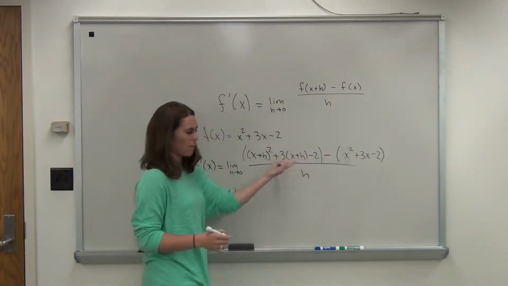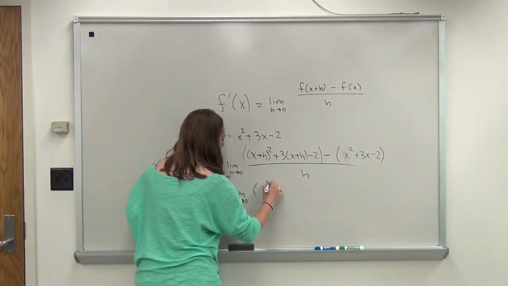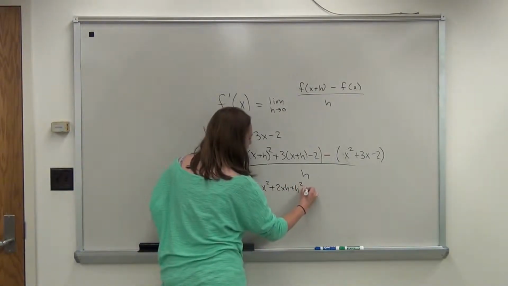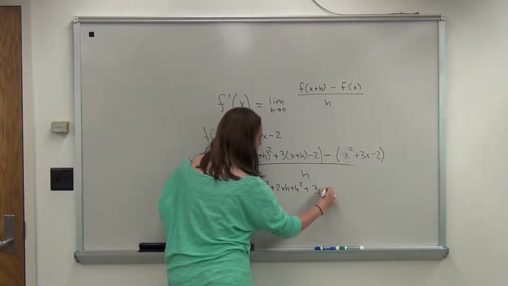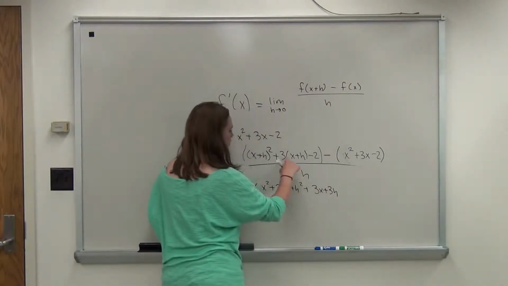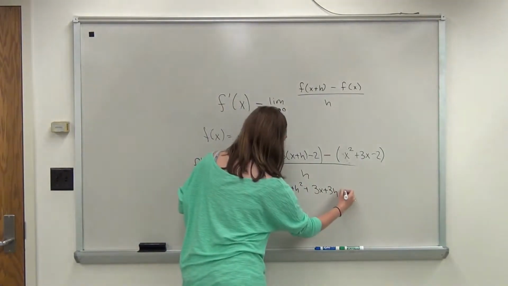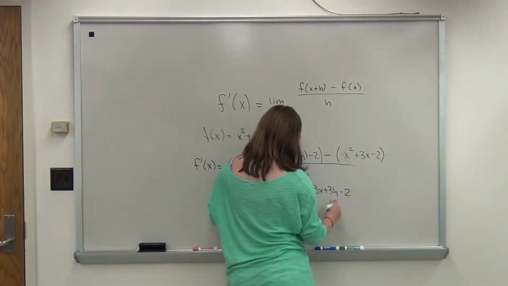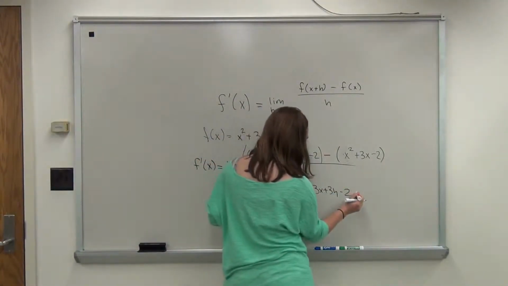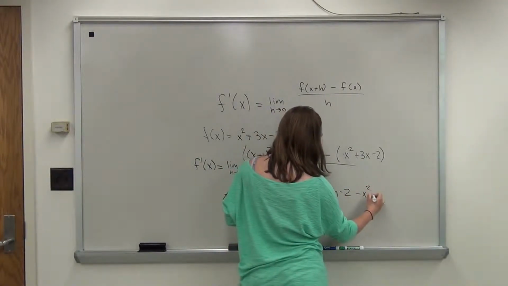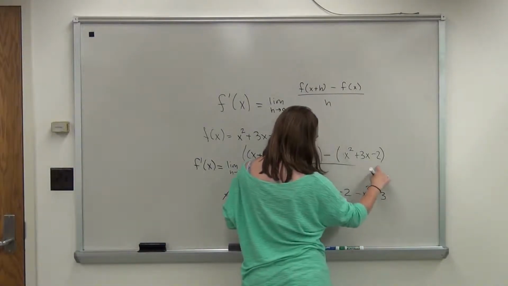Most people don't have a problem with this. x squared plus 2xh plus h squared plus 3x plus 3h. Some people have a problem distributing numbers as well, but negatives are usually more the problem. Now what most people would do in this situation would be just distribute it to the x squared and forget about these other two terms.